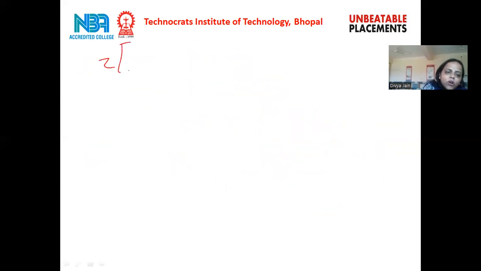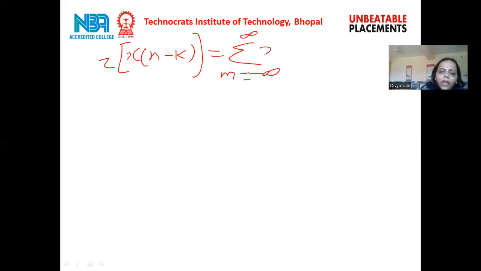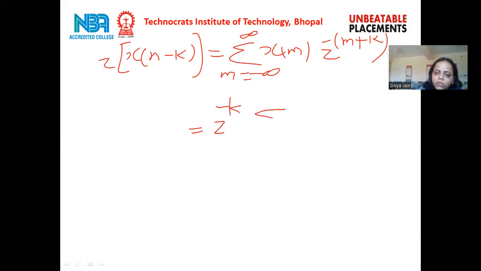Means the transform of x[n minus k] is equal to the summation m equals minus infinity to infinity of x[m] z to the power minus (m plus k). So if we take z to the power minus k outside the summation, we will get the summation m equals minus infinity to infinity of x[m] z to the power minus m.